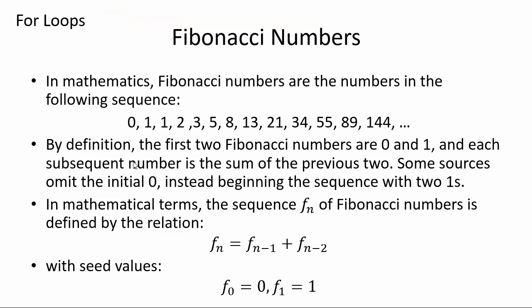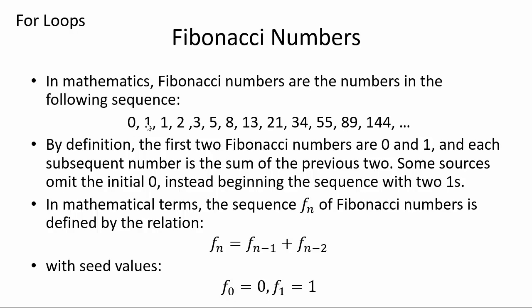Next, we will see how we can use for loops in MATLAB, and we will illustrate this using Fibonacci numbers. In mathematics, Fibonacci numbers are the numbers in the following sequence: 0, 1, 1, 2, 3, 5, 8, 13, etc. By definition, the first two Fibonacci numbers are 0 and 1, and each subsequent number is the sum of the previous two.